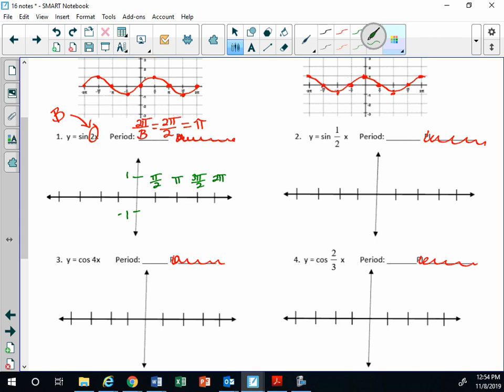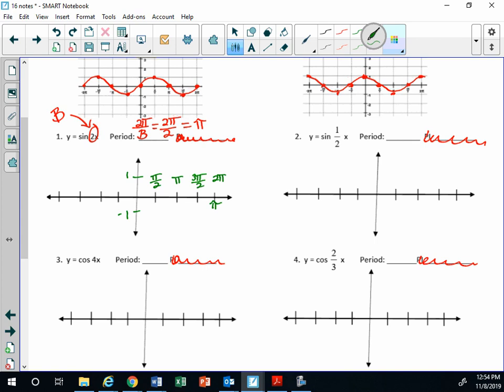Okay, the period of the graph is now pi, so what do you think the last tick mark is going to be? Pi. How did we figure that out? It's the period, because the period is the normal amount divided by how many times it happens.